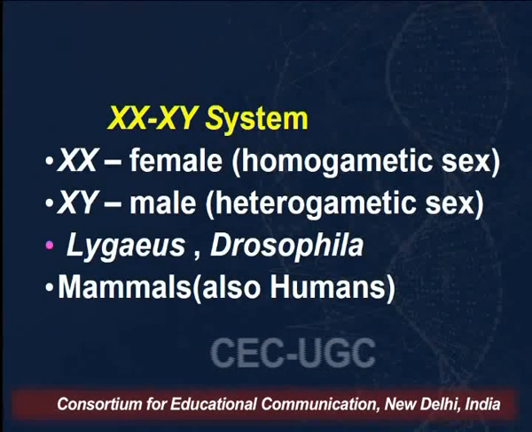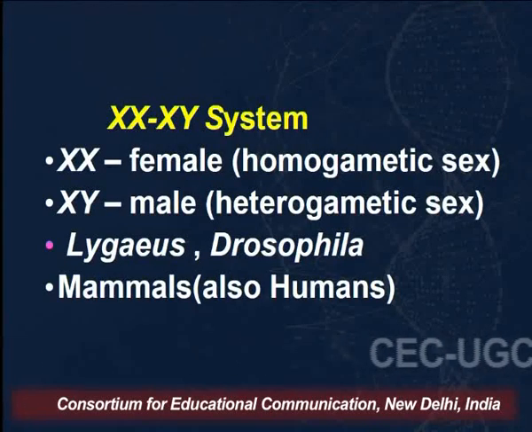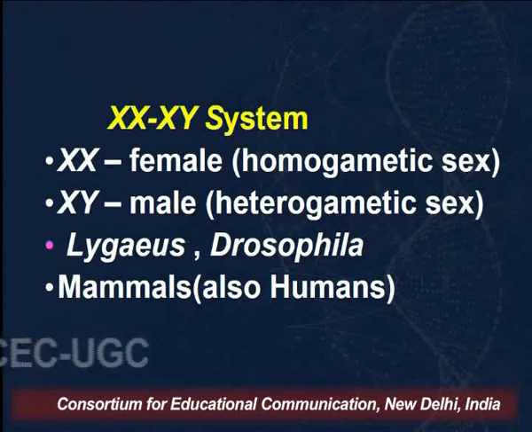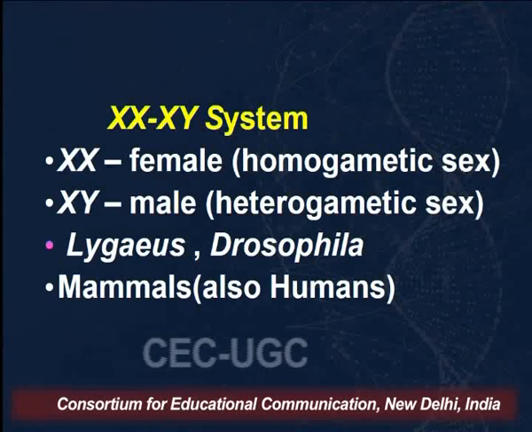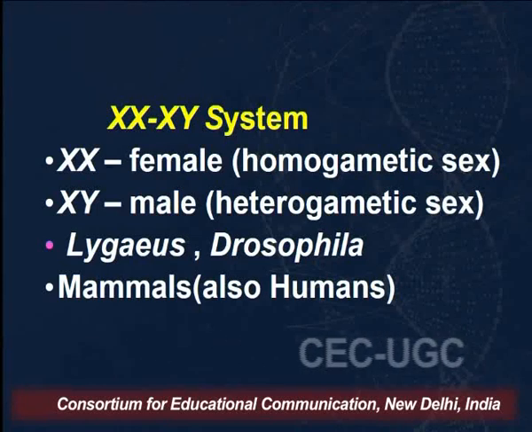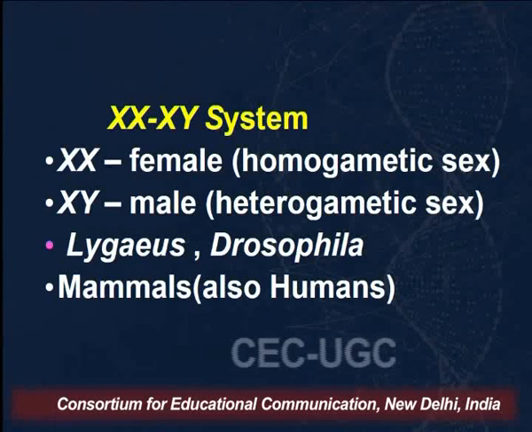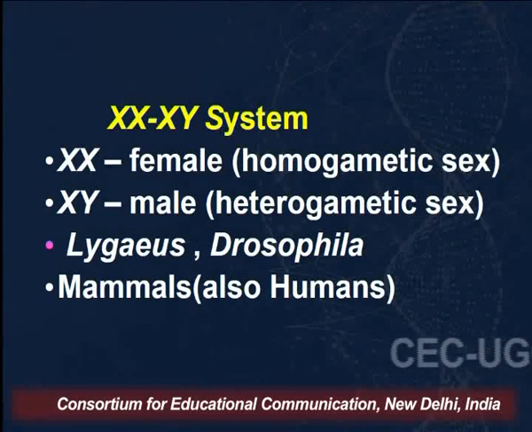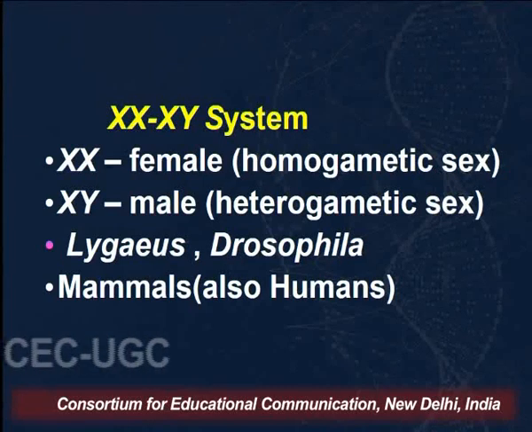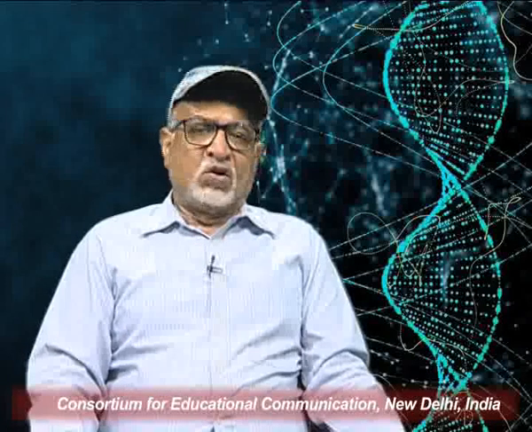Now, this would signify that in an XX and XY system, the females are homogametic and the males are heterogametic. In our earlier discussions, we had classified this as the Lygaeus type of system in which it was first discovered. And of course, human beings along with other mammals and Drosophila all come into this category.